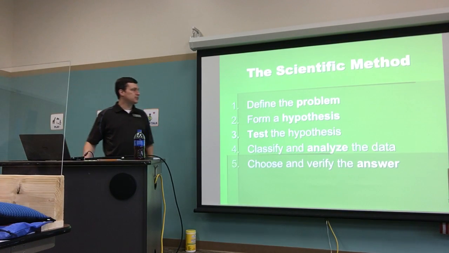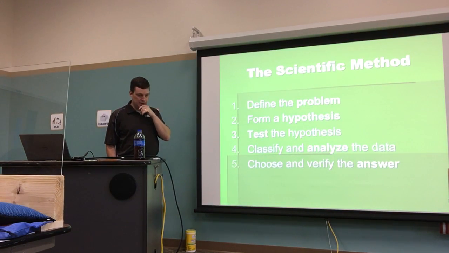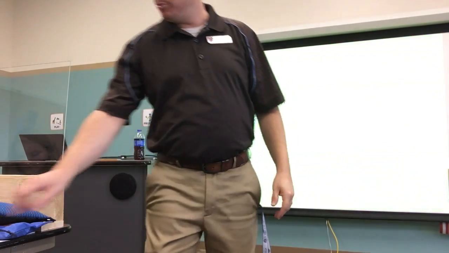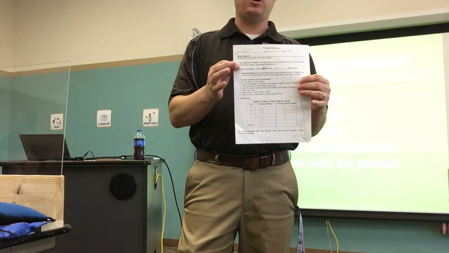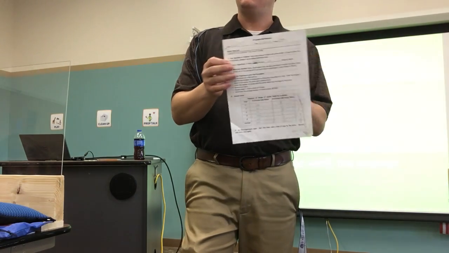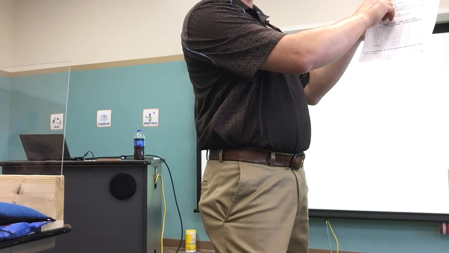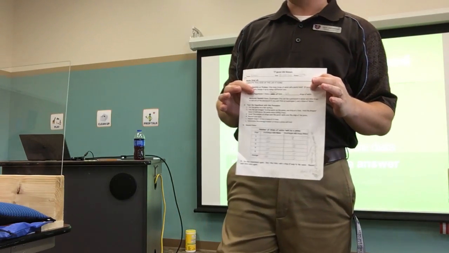Now the first step is to define a problem. Let's think about that. In your experiment that you did last week, there was a problem. In fact, on step number 1, it says, your question or problem, how many drops of water will a penny hold?